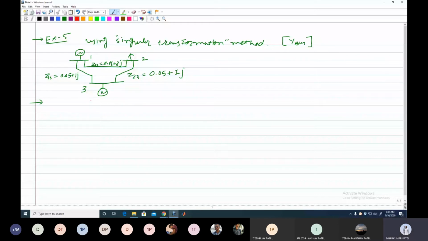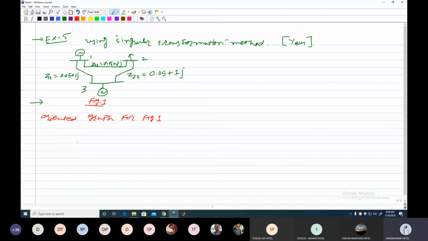Just draw the oriented graph for figure number 1.